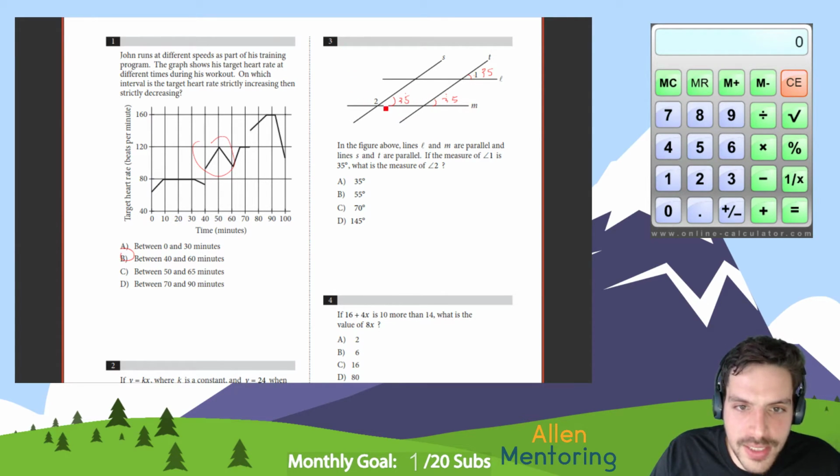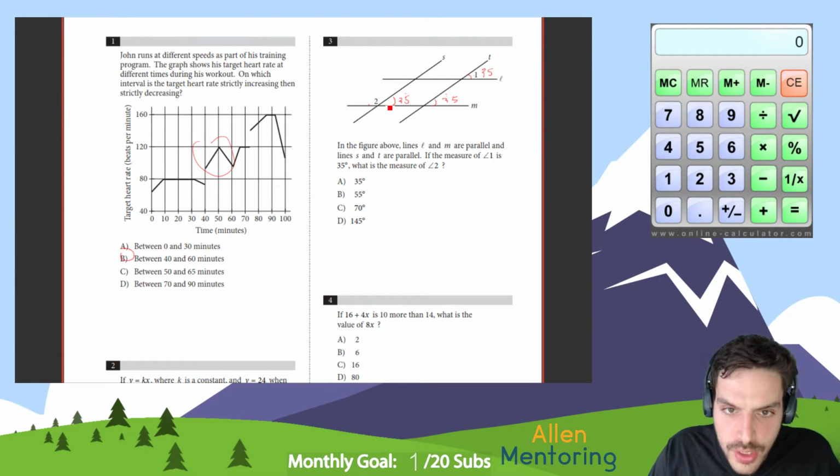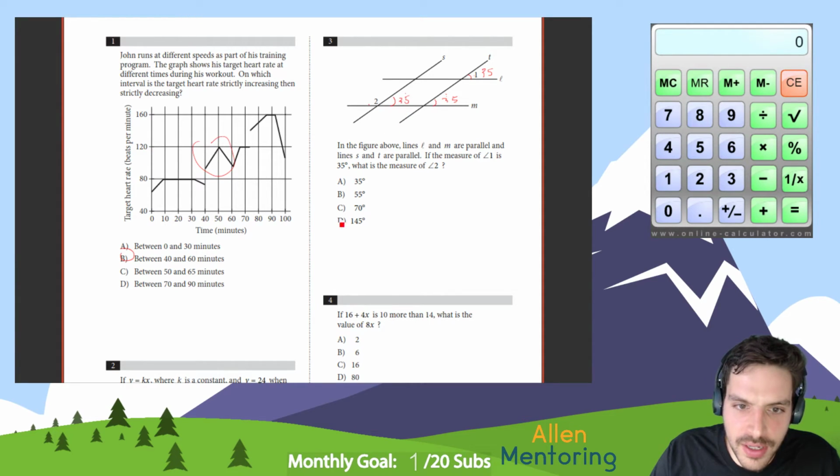And now we see that angle 2 and 35 are supplementary to each other, right? They're part of a bigger 180 degree angle. So if this is 35, what is 180 minus 35? That is 145. And actually, what's pretty funny now that I look at it, 2 is clearly an obtuse angle, right?